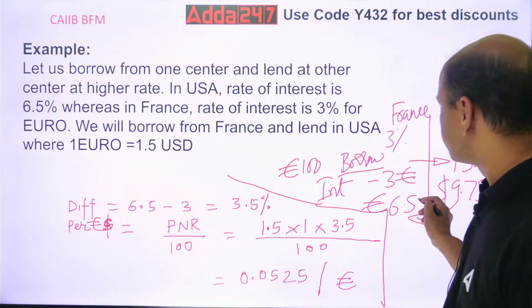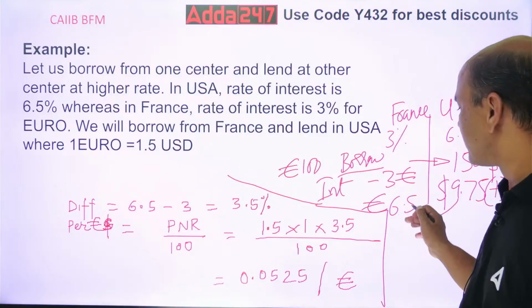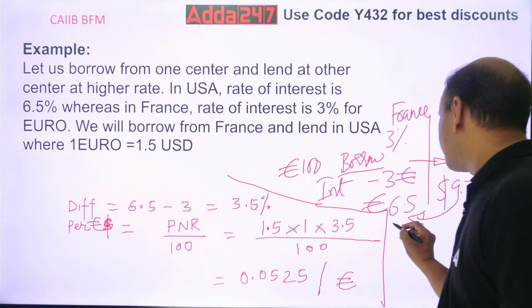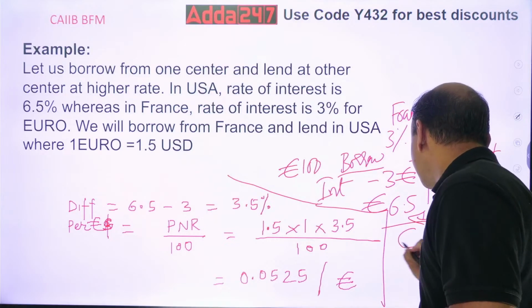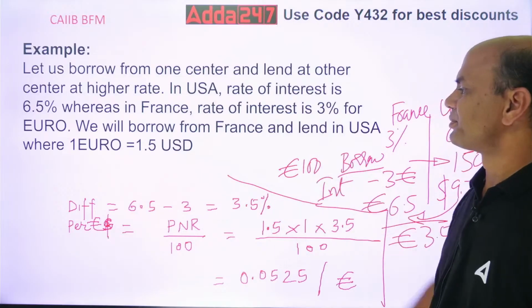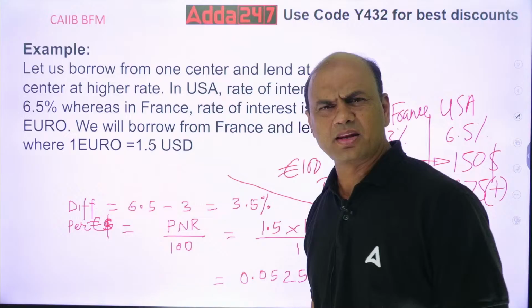Net, 6.5 I am earning in 1 year and I am giving 3. So net 3.5 euro is a plus to me on 100. This is what I am gaining.